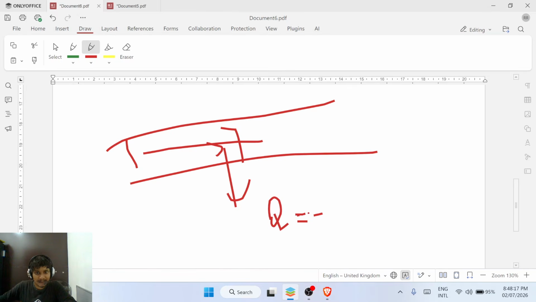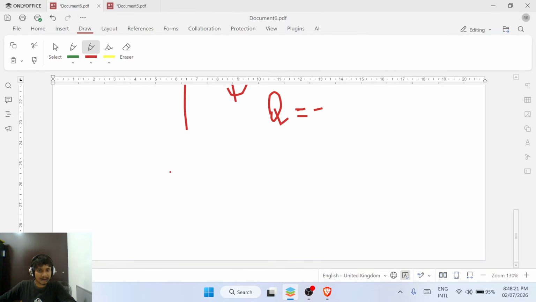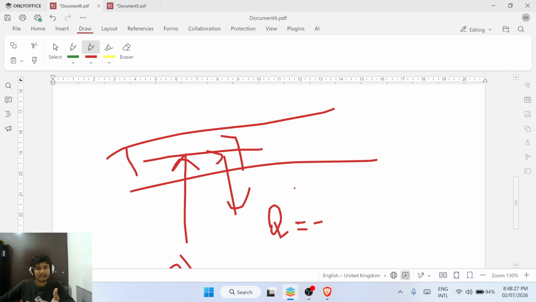If energy comes to the system, then Q is plus. If the energy releases from the system, then Q is minus, which is less than zero.